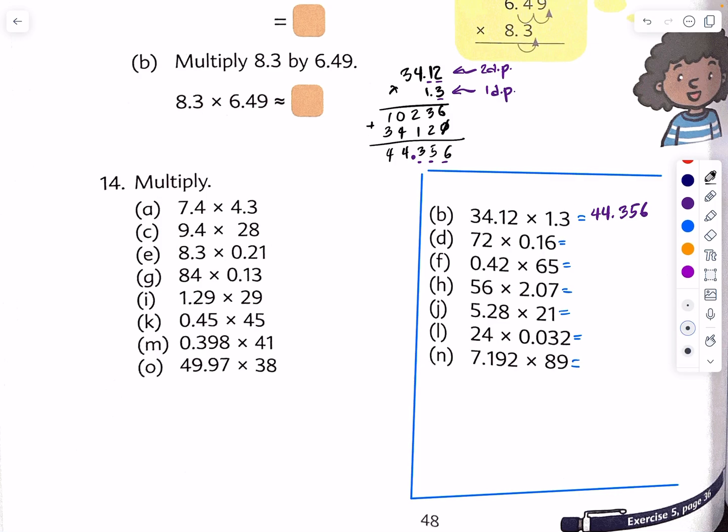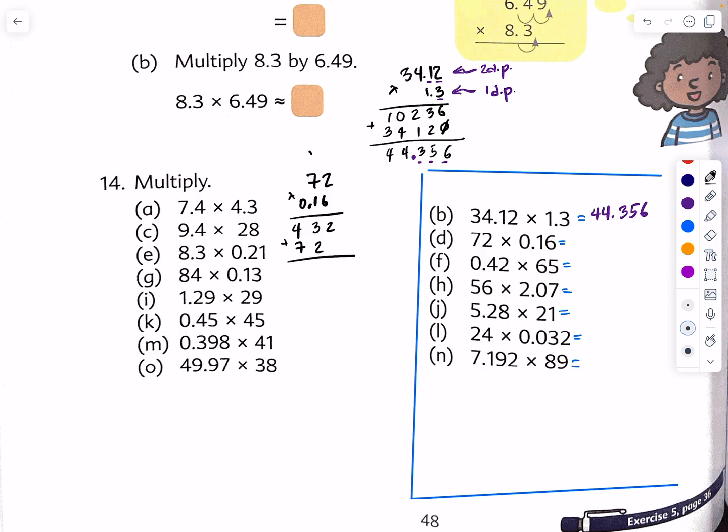Next problem. We have 72 times 0.16. Let's try to use this space. 72 times 0.16. Step 1, ignore the decimal places. 6 times 2 is 12. 7 times 6, 42, 43, 432. And now we're going to multiply the ones, or 1/10, I should say. But remember, at first we're ignoring this decimal place. So it's going to be 2 and 7.